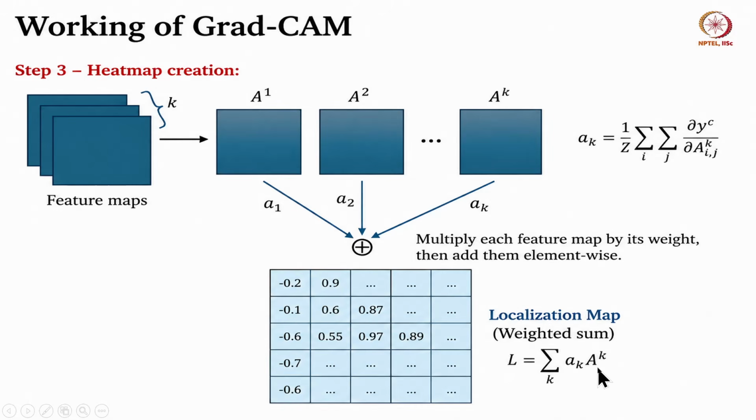Capital AK denotes feature maps, small ak denotes the gradients. You multiply for all the feature maps. Then you get this localization map, or a weighted sum, which is called a heat map.